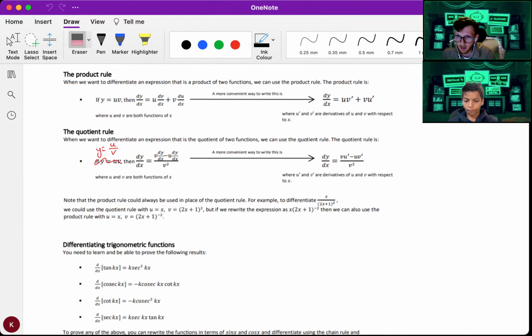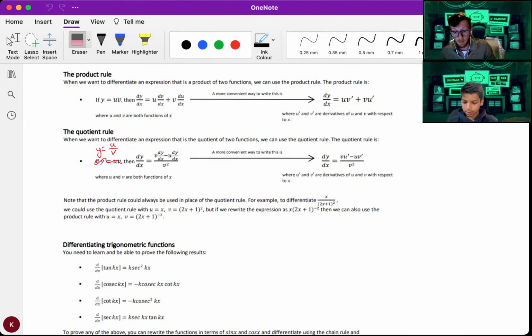Now in the quotient rule, does it matter which one is v and which one's u? Yeah, because u over v is not the same as v over u. Yeah, it does matter. Because you're subtracting and dividing in the quotient rule, and neither of those two operations is commutative, the order does matter.